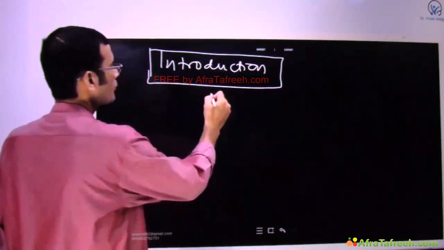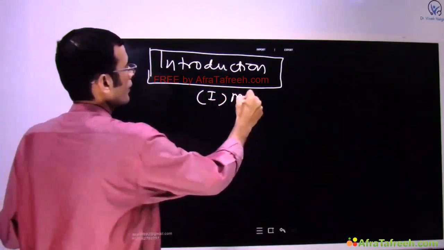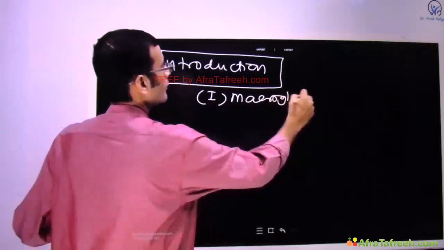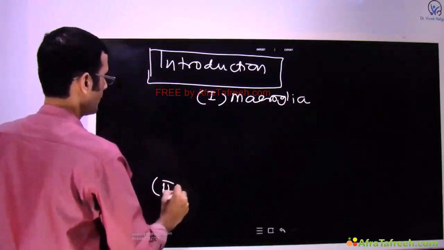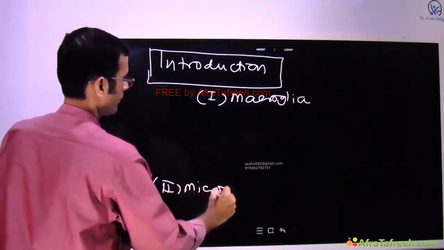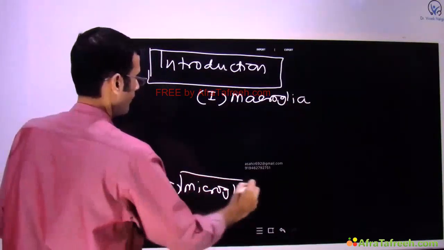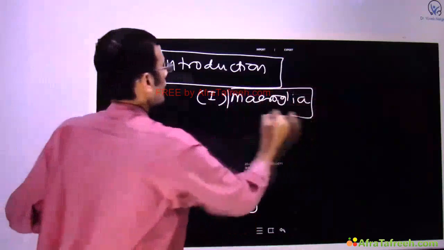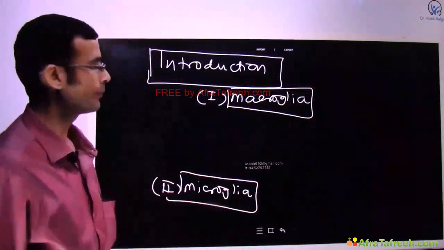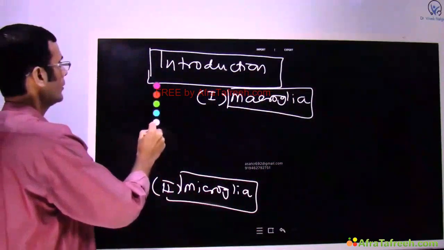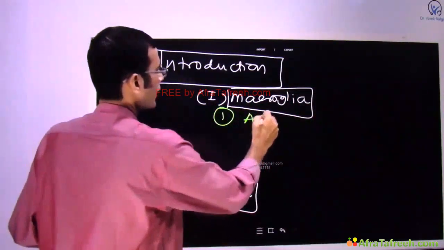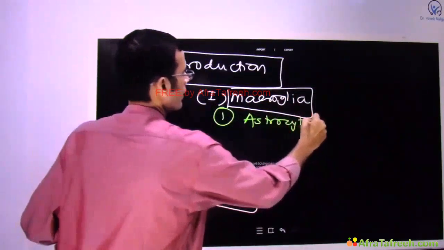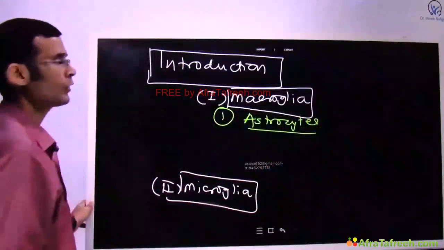There are two types of glial cells, macroglia and microglia. These are the types of macroglia. Astrocytes. Astrocyte is one type of macroglia.